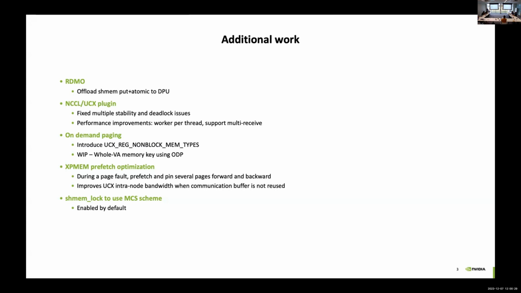And when Artem presented the symmetric key feature earlier today, we still needed to have a key for every segment. Even though it's not a key per remote peer anymore, it's still a key per segment. But with this feature, we can have a single key for the whole process.